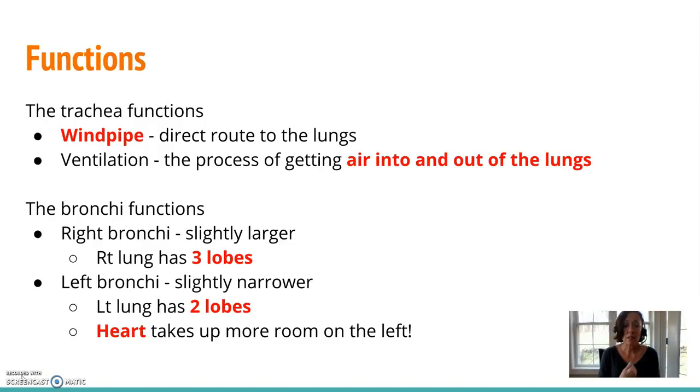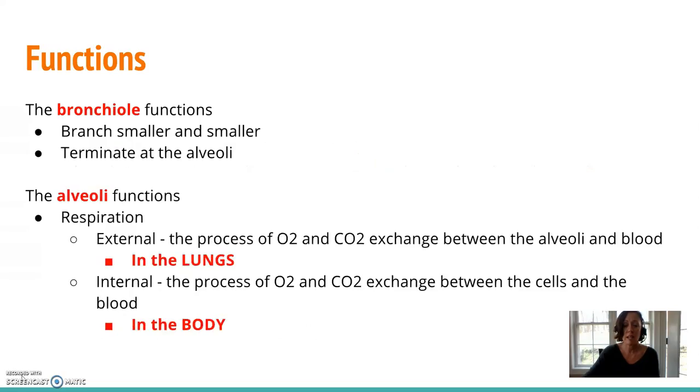The right is a little bit bigger because it moves to the right lung. Your right lung has 3 lobes, whereas your left lung only has 2 lobes, so the left bronchus is smaller. The reason for that is that part of the space on the left is taken up by your heart. Your heart is positioned in a way that it takes up a little space on that side of your body.